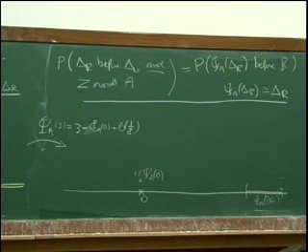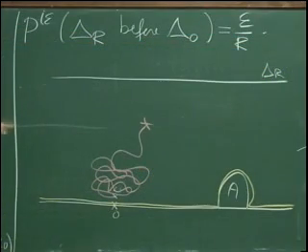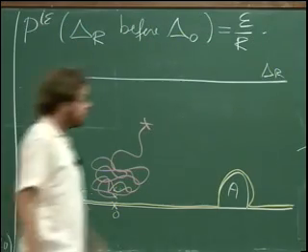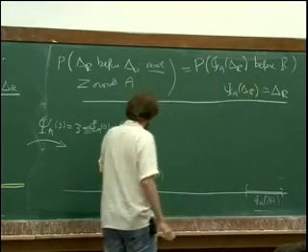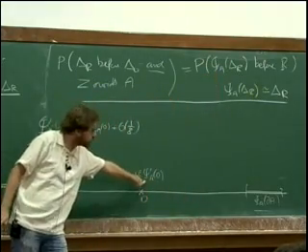But now if you remember what I told you the other time, or what Hugo told you in a different way, if you look at the image of Brownian motion by a conformal map, what you get is Brownian motion. So here, this probability is about Brownian motion started at i epsilon psi prime A of 0.